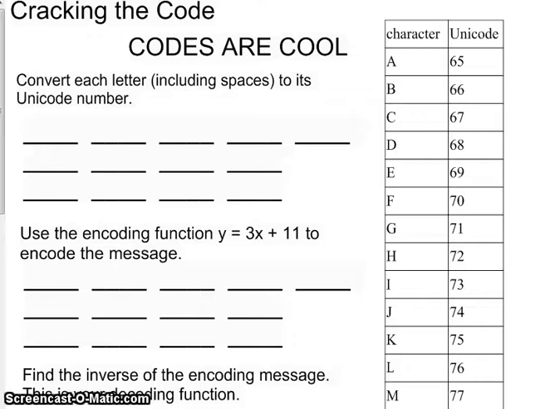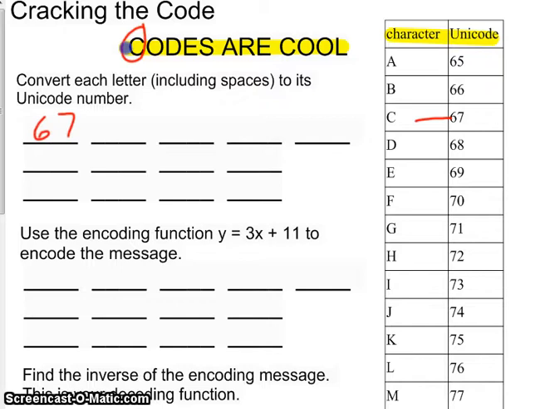So we're using the phrase "codes are cool," and we're going to change each of those letters one at a time into a number using this chart. All right, we're going to start with C. C is 67. So in the first space, I'm going to put a 67.